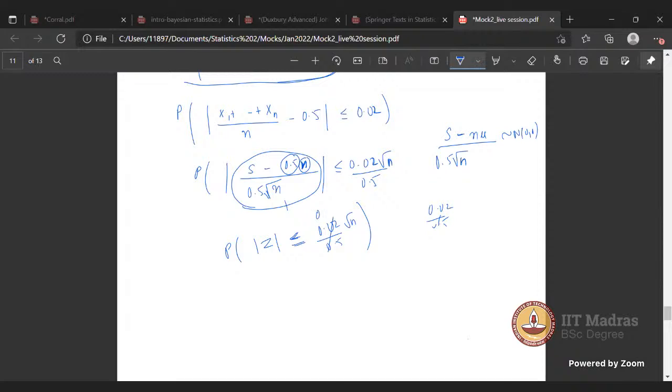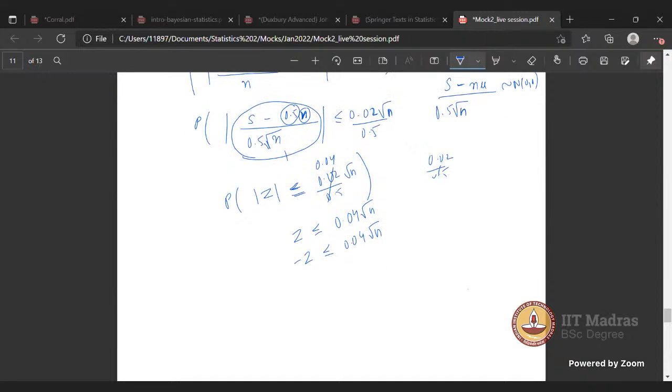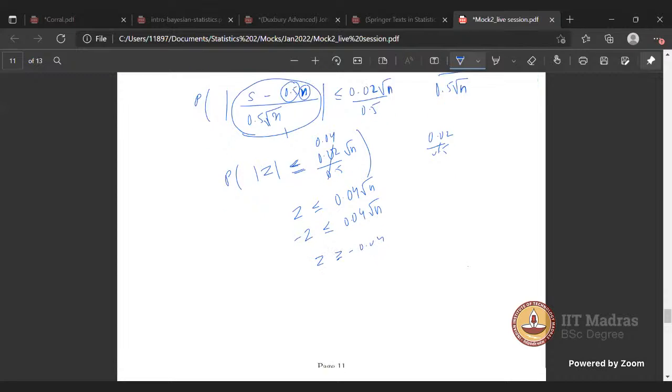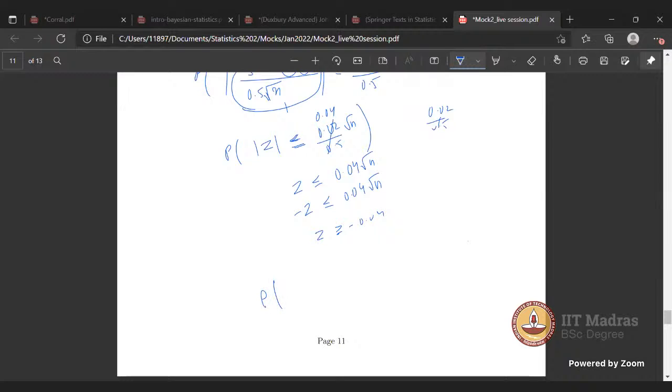Okay, just write 0.04. So Z should be less than or equal to 0.04 root n, and minus Z should be less than or equal to 0.04 root n, basically Z should be greater than or equal to minus 0.04 root n. Okay, so your Z is lying between minus 0.04 root n to 0.04 root n. Is this fine? Yeah, this is correct.